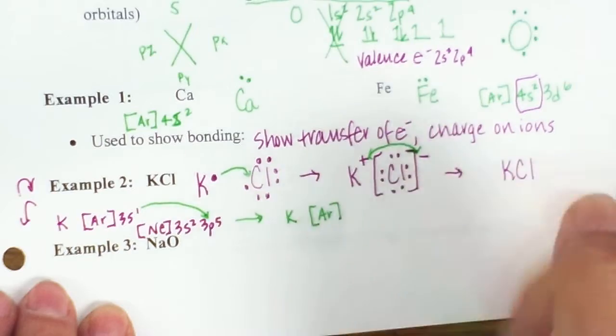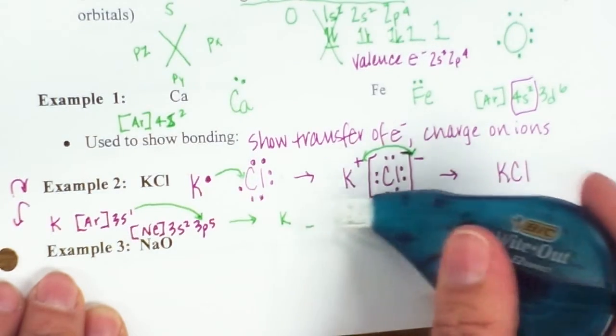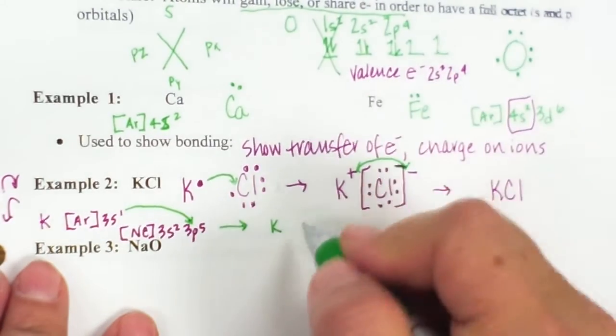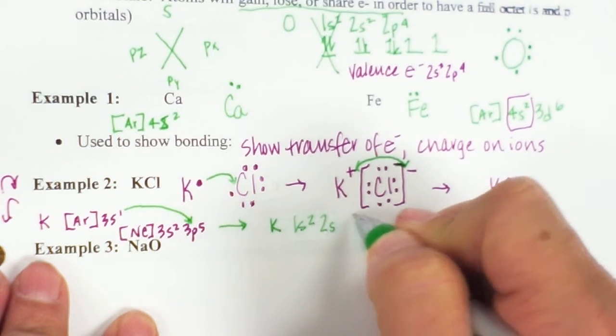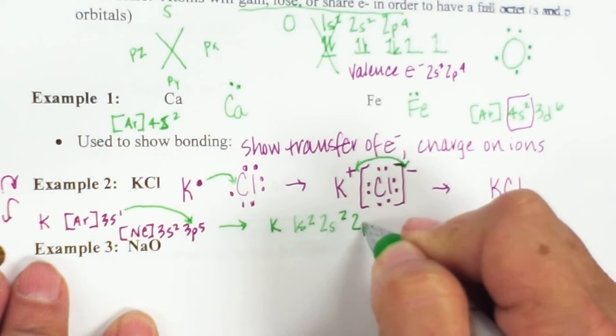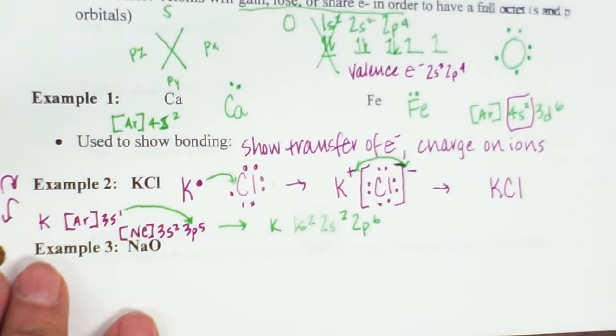Sorry, I was trying to do that faster. So now potassium is 1s2, 2s2, 2p6, because it lost that entire third energy level, right?